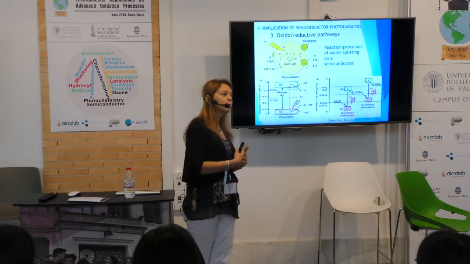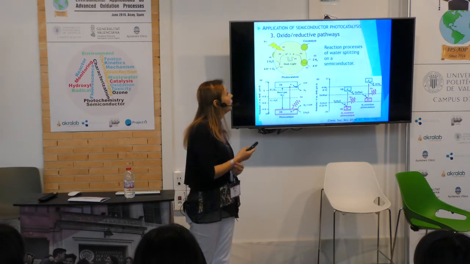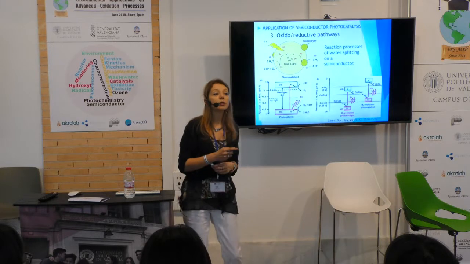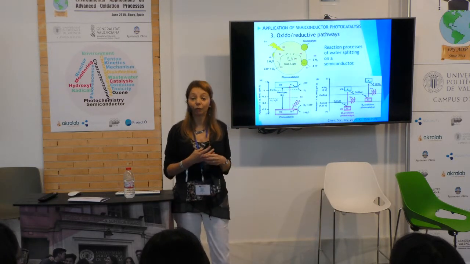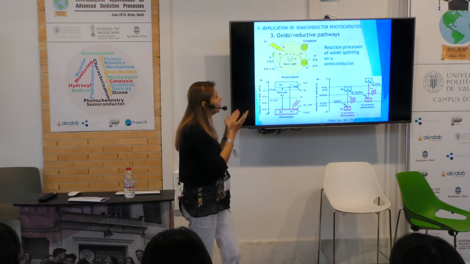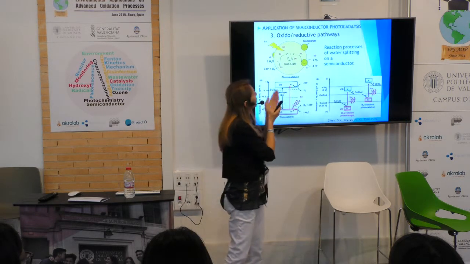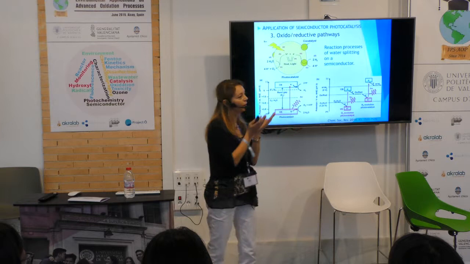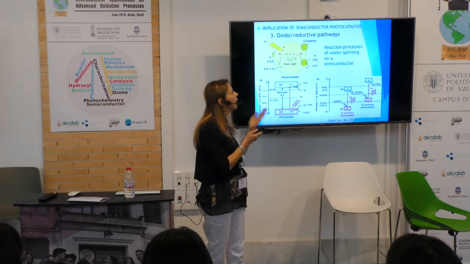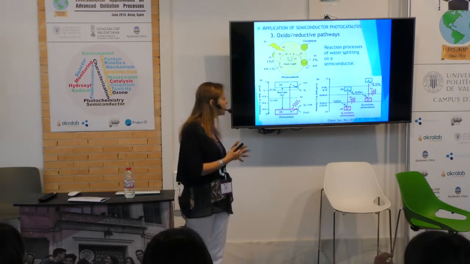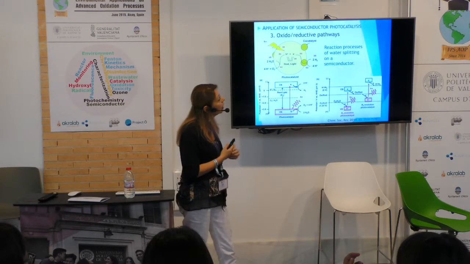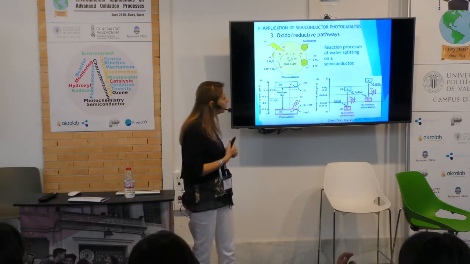If we want to exploit together oxidative and reductive pathways, this was the first reaction that was shown in photocatalysis. So the ability to have contemporaneous oxidative and reductive reactions that work, and in this case, it's used to obtain water splitting, so the production of hydrogen and oxygen from water.